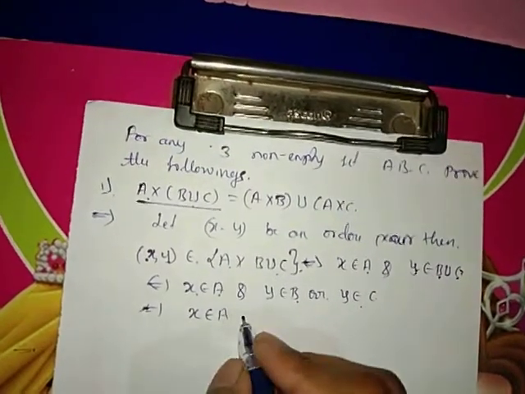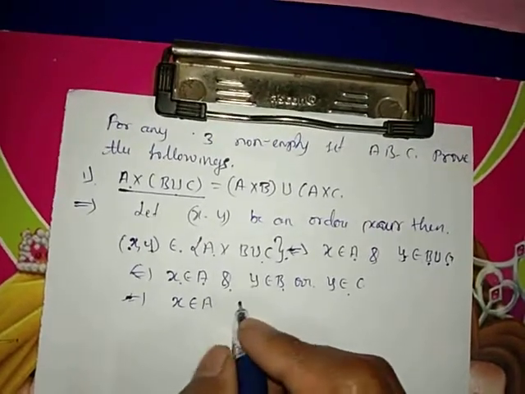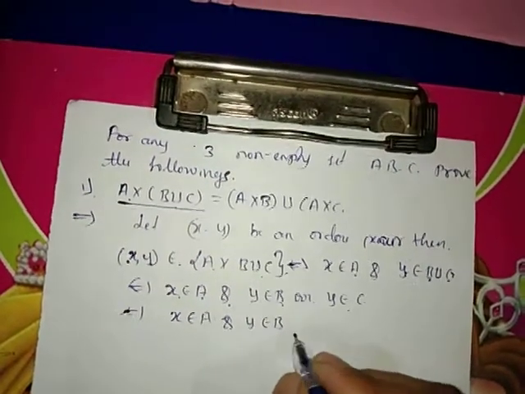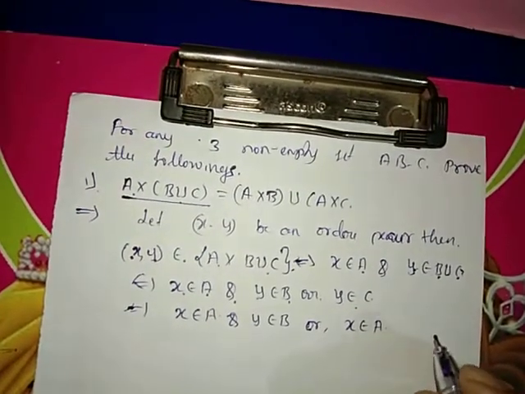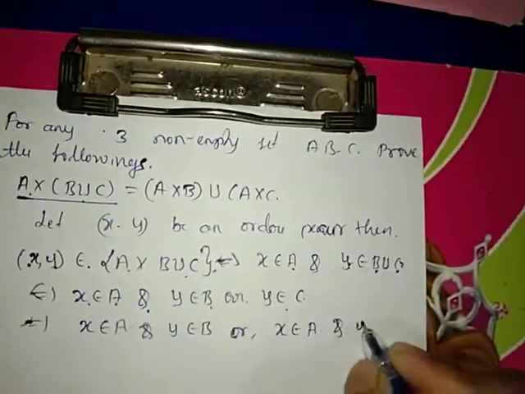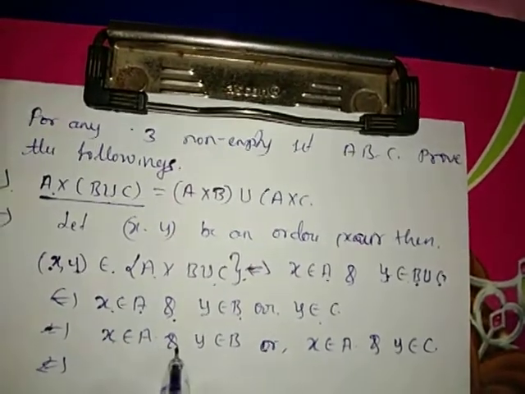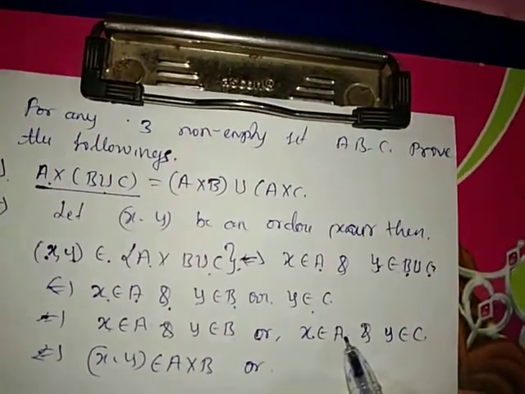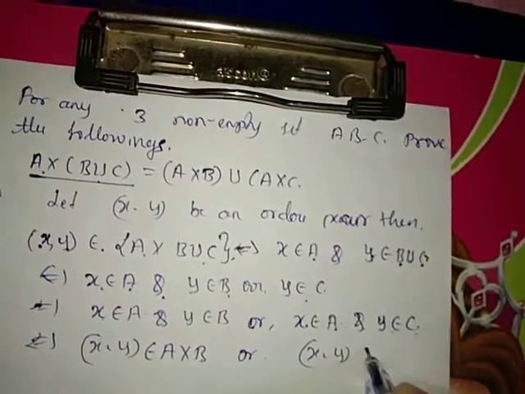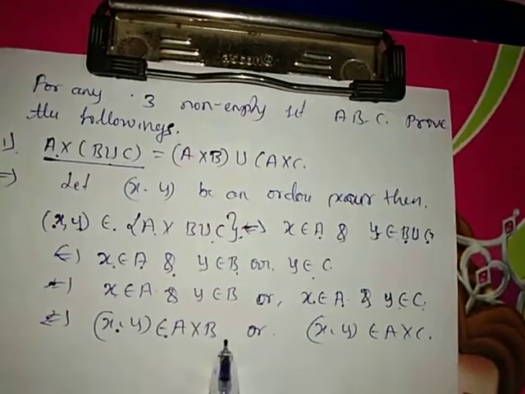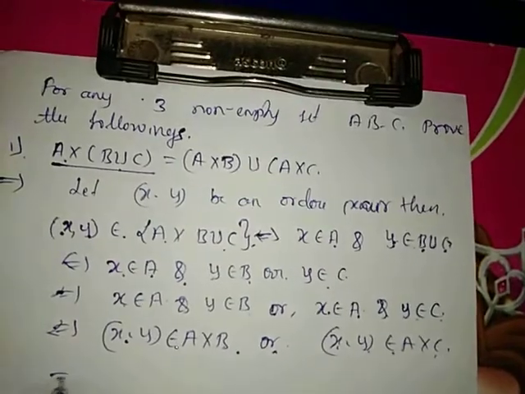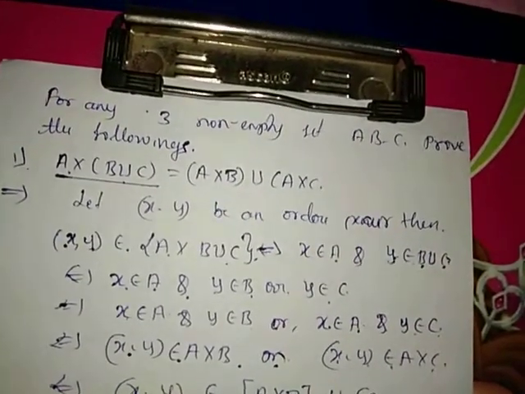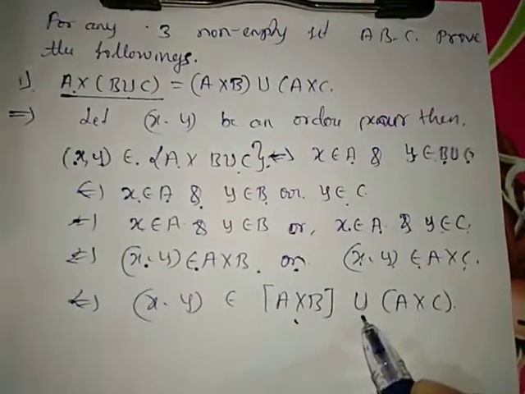x belongs to A and y belongs to B, or x belongs to A and y belongs to C. If x belongs to A and y belongs to B, then (x, y) belongs to A × B, or if x belongs to A and y belongs to C, then (x, y) belongs to A × C. So (x, y) belongs to A × B or (x, y) belongs to A × C, that indicates (x, y) belongs to A × B or A × C, meaning (A × B) ∪ (A × C).